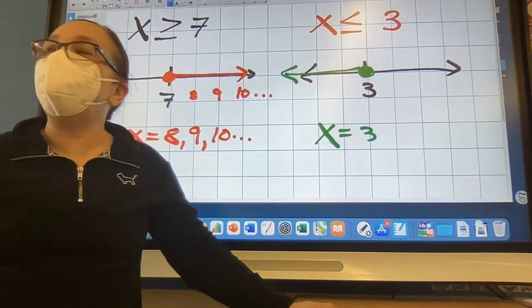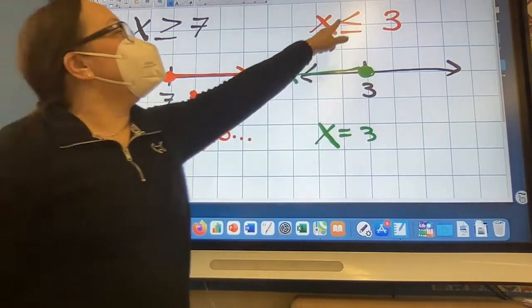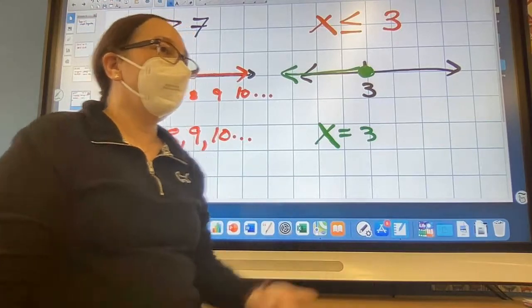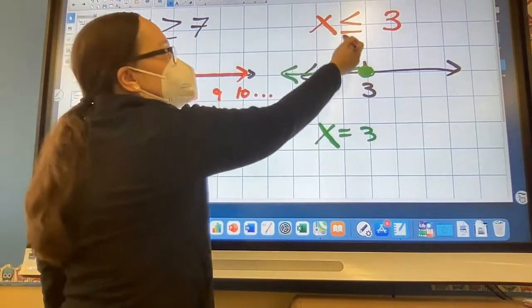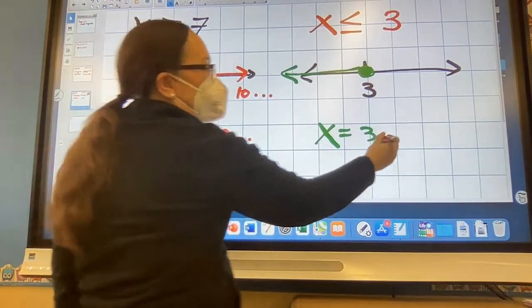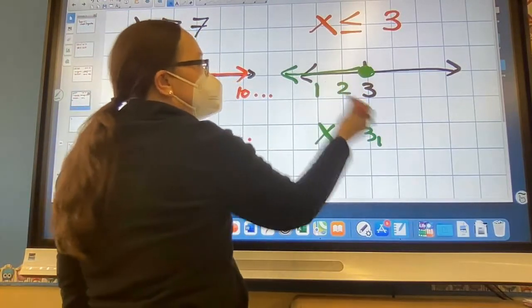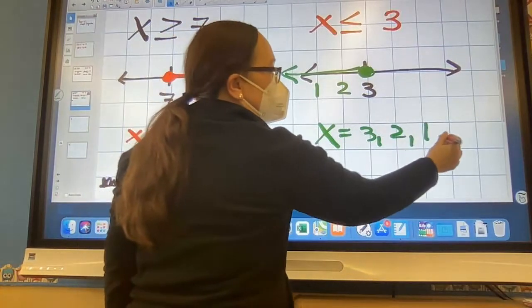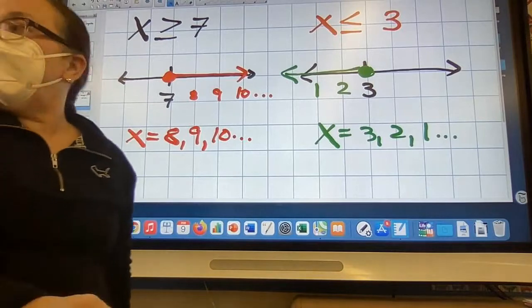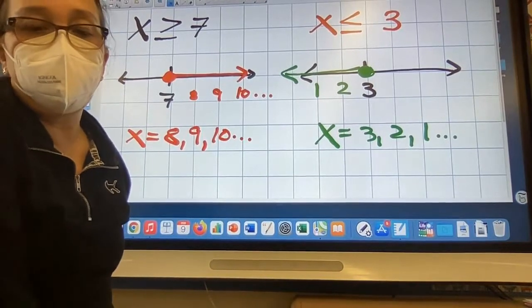Let's clarify that. Because it says it should be less or it could be equal to 3. It says less or equal to 3. So 3 should be your first possible answer. And then 2, 1, and so on. Going down.